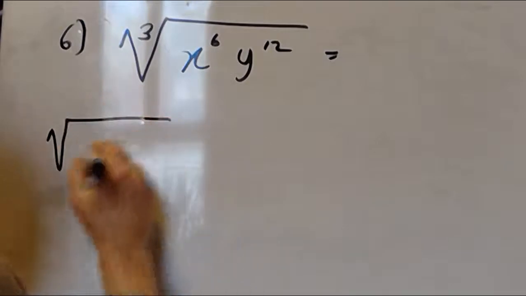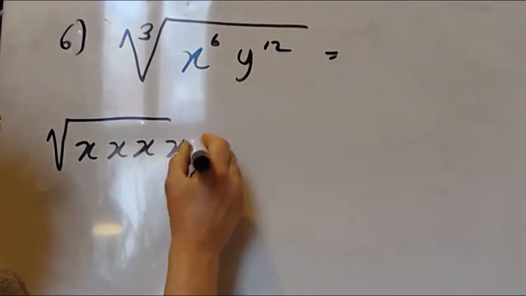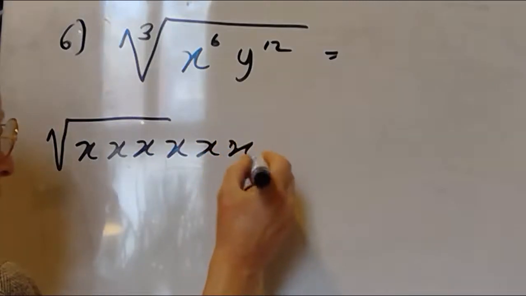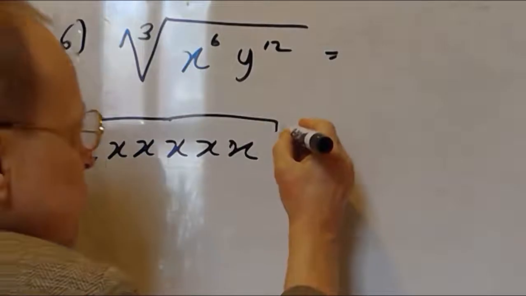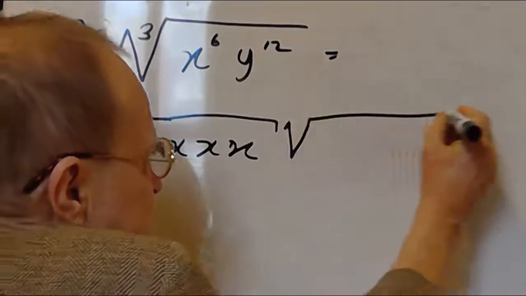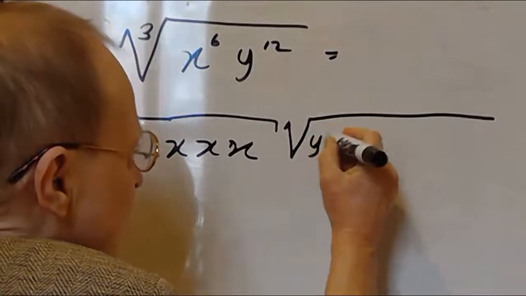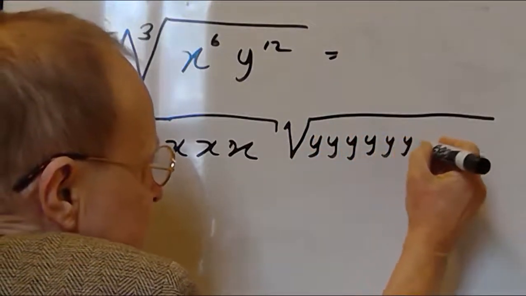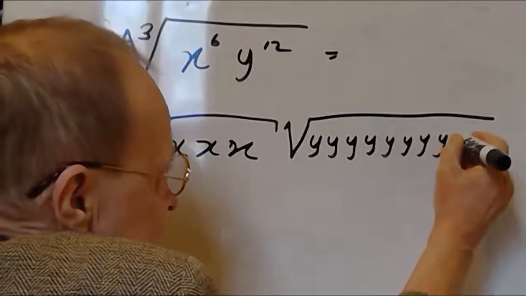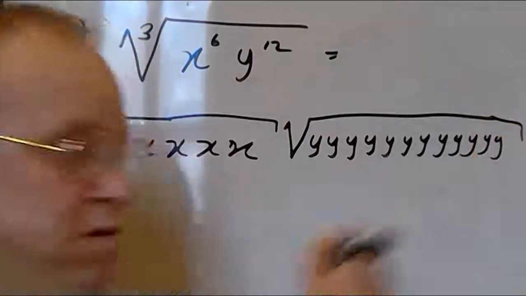So we're going to do x, 2, 3, 4, 5, 6. And then we're going to do y to the 12th, 1, 2, 3, 4, 5, 6, 7, 8, 9, 10, 11, 12.